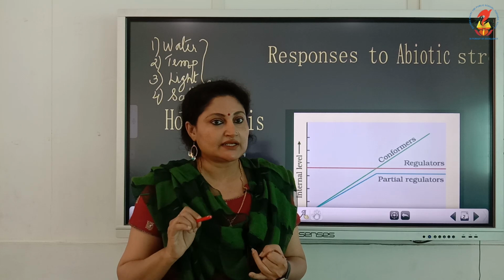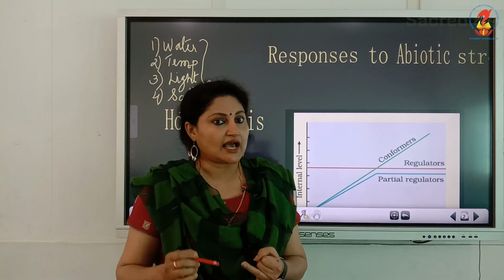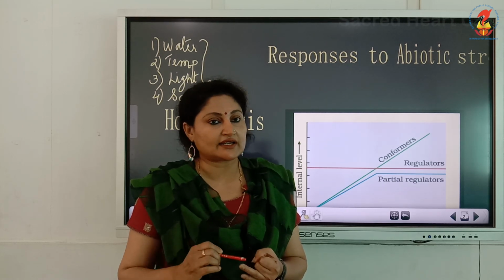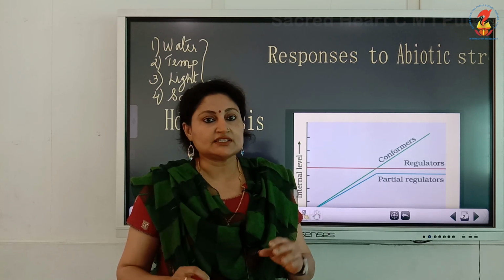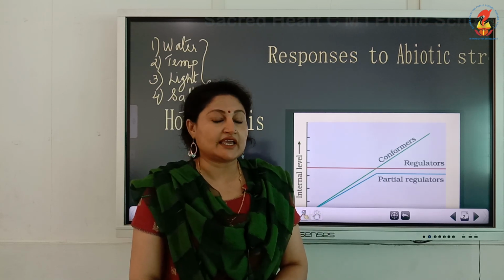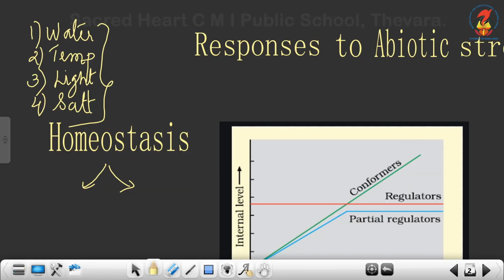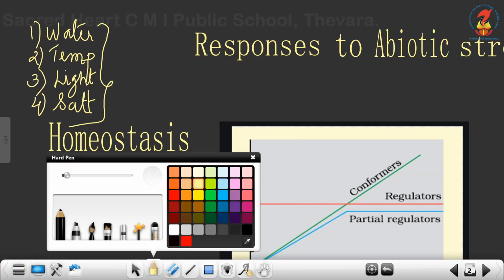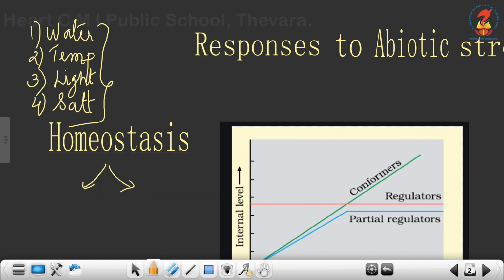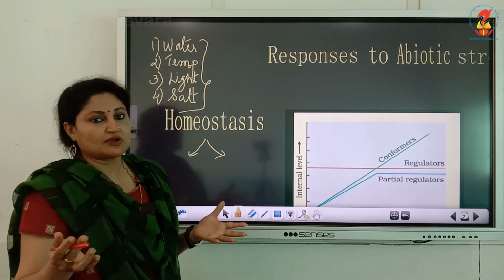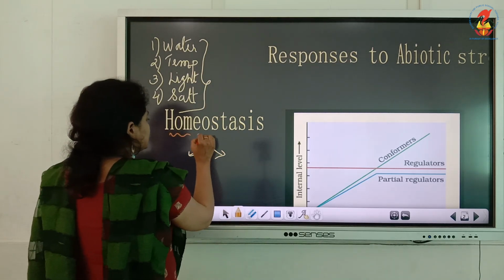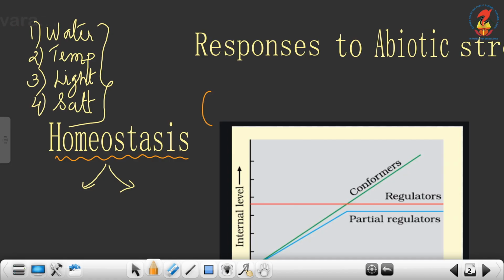So by maintaining a constant body temperature and constant body osmolarity, they are able to thrive in any environment. That property of an organism to maintain a constant body temperature and constant fluid osmolarity is known as homeostasis. In short, we can say constant internal environment.